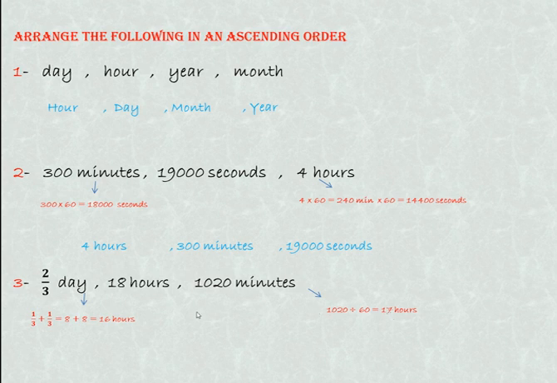Now we can arrange it: 16 hours, 18 hours and 17 hours. The smallest will be 16 hours, so write the original number, 2/3 day. Then next, 1020 minutes, and at the last, 18 hours.